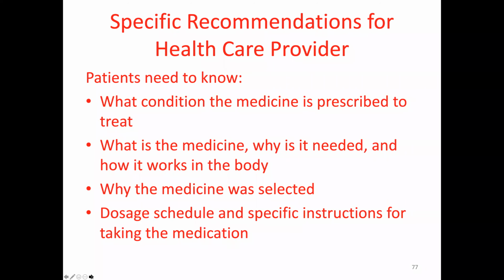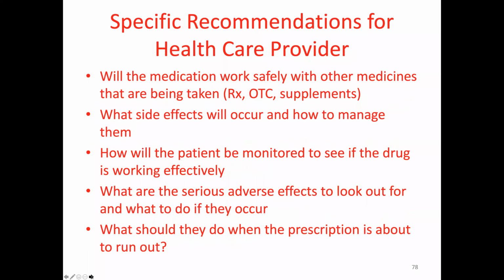Go over with them the dosage schedule. Have them repeat it back to you. Write it down. Call the pharmacist and have the pharmacist reiterate it also. Tell them about other prescriptions that they're taking, over-the-counter medicines they may take, or supplements. Tell them what may occur, what happens if you do get a side effect, how we are going to deal with it, and how we're going to monitor you.